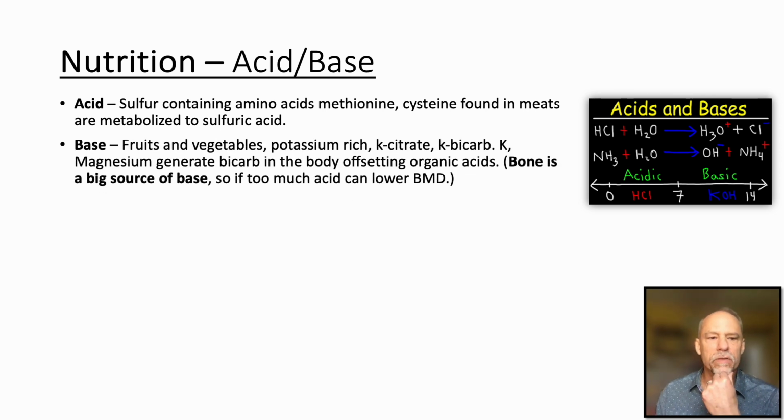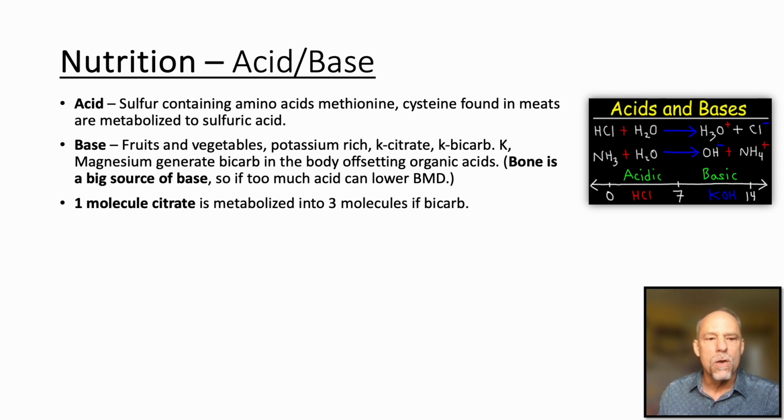What we found out with vegetables, though, and fruits, they're potassium-rich, they're high in potassium carbonate and potassium citrate, and magnesium. And so this offsets organic acids that would potentially come from meats and other things. One molecule of citrate, like in the calcium citrate that we supplement with, or in citrate that comes from fruits and vegetables, is metabolized into 3 molecules of bicarb.